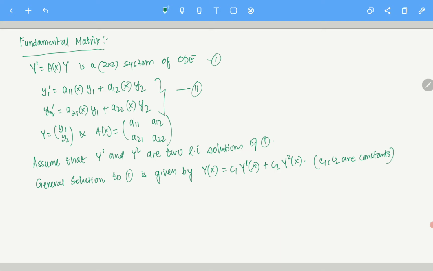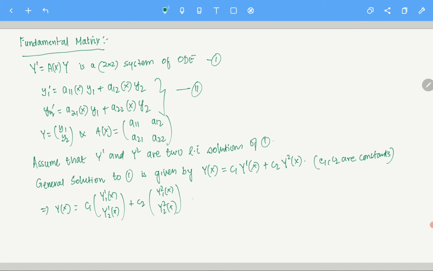Now let us write it properly. Y of x, how does it look? It is basically C1 times y11 of x, y12 of x, plus C2 times y21 of x, y22 of x.